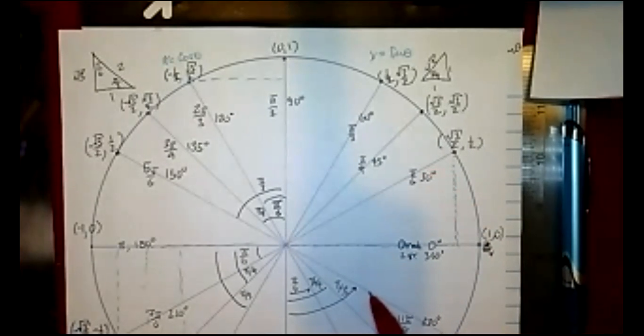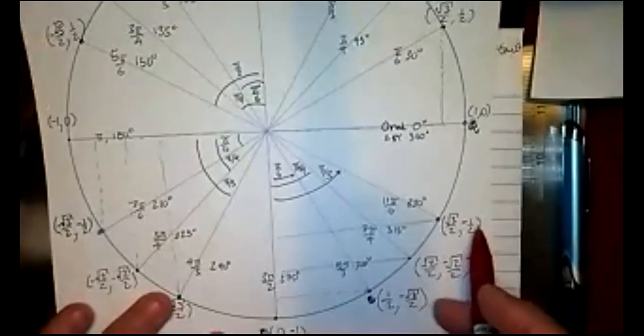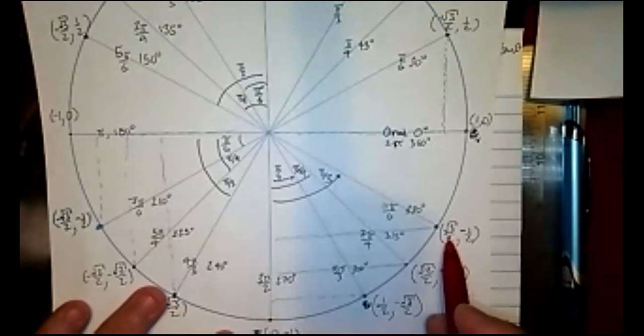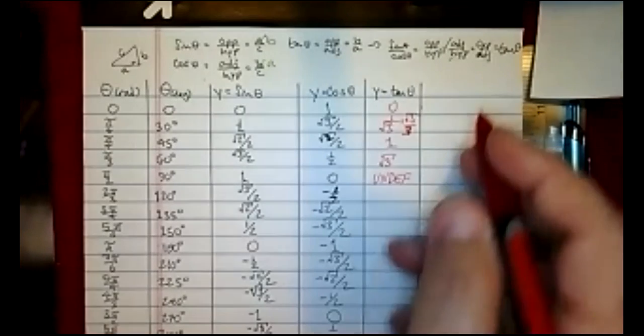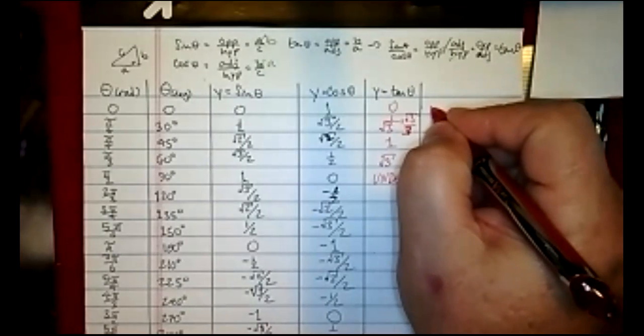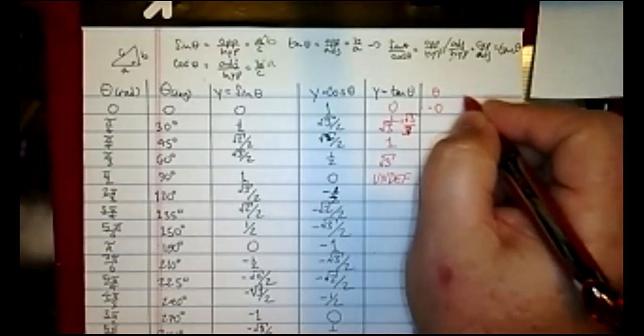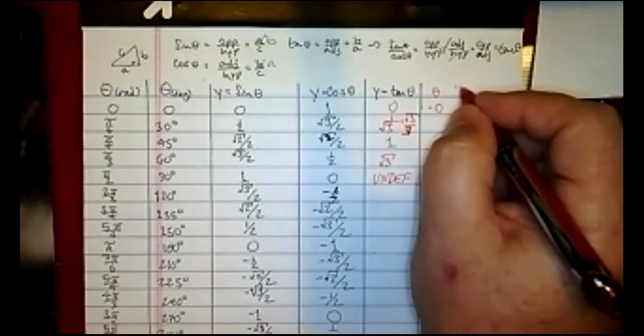So this is negative pi over 6, and that, of course, is just y over x, so that's negative 1/2 divided by root 3 over 2, which is the same thing as negative 1/2 times 2 over root 3, which would be negative 1 over root 3. So we can see when theta is equal to negative 0, we still get, of course, 0.